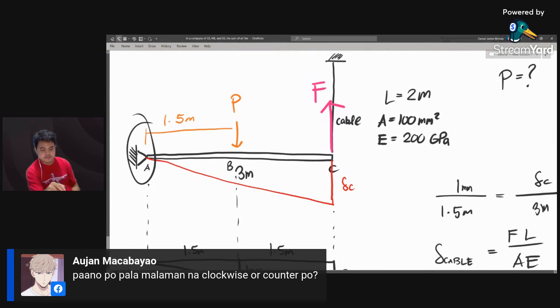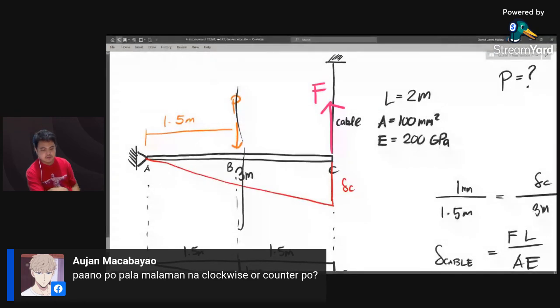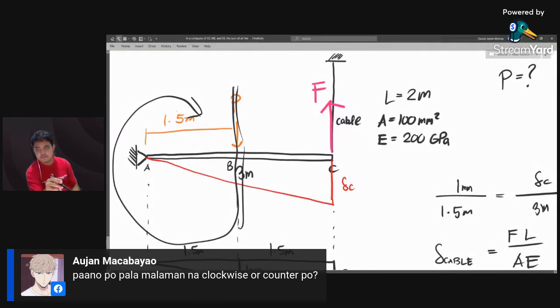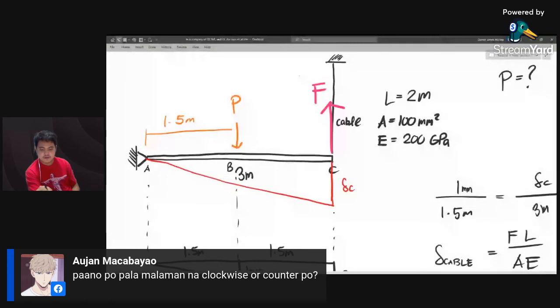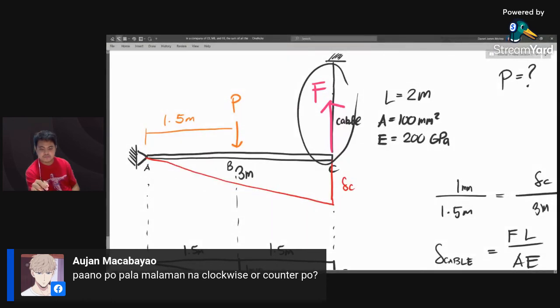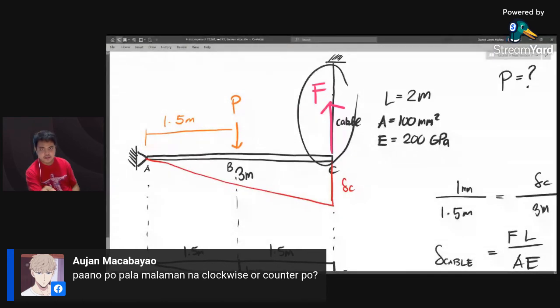So pag nag-push tayo dito ng force P, iikot siya pag ganyan. Matutulak si beam downward, so it will rotate about A clockwise. Okay? Similarly, for force F, hihilain naman niya pataas si beam.